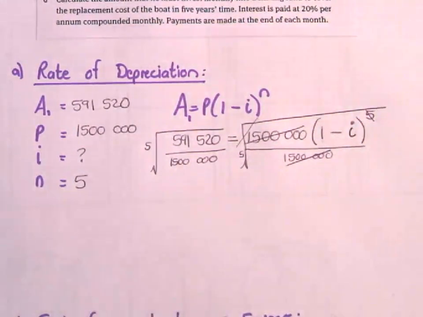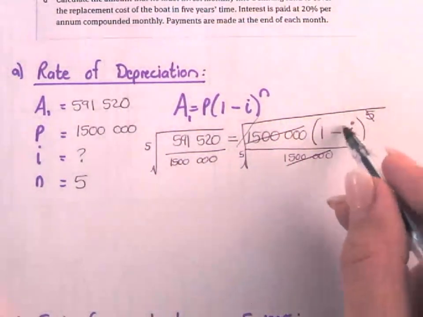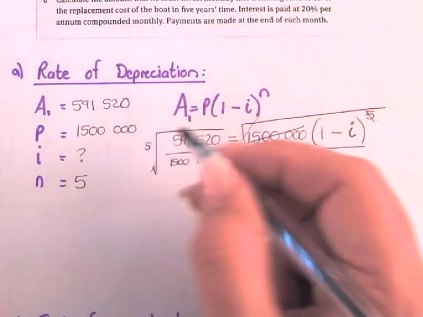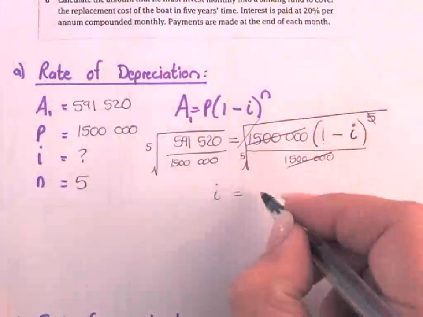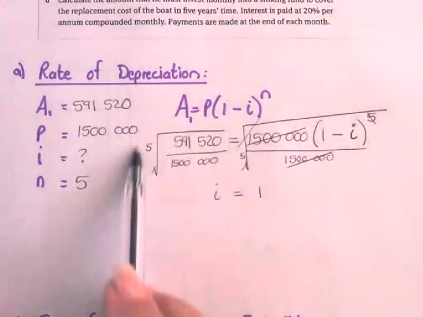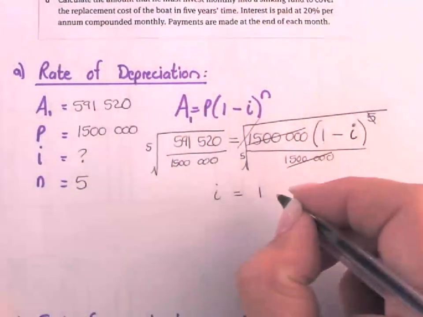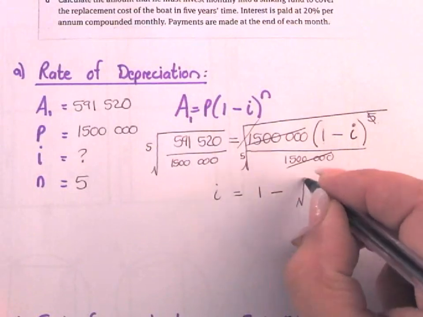But I want I alone. So I'm going to take the minus I to the left hand side, then it becomes a positive I. The 1 stays there, and I'm going to take this fifth root to the right hand side, then it becomes a minus.